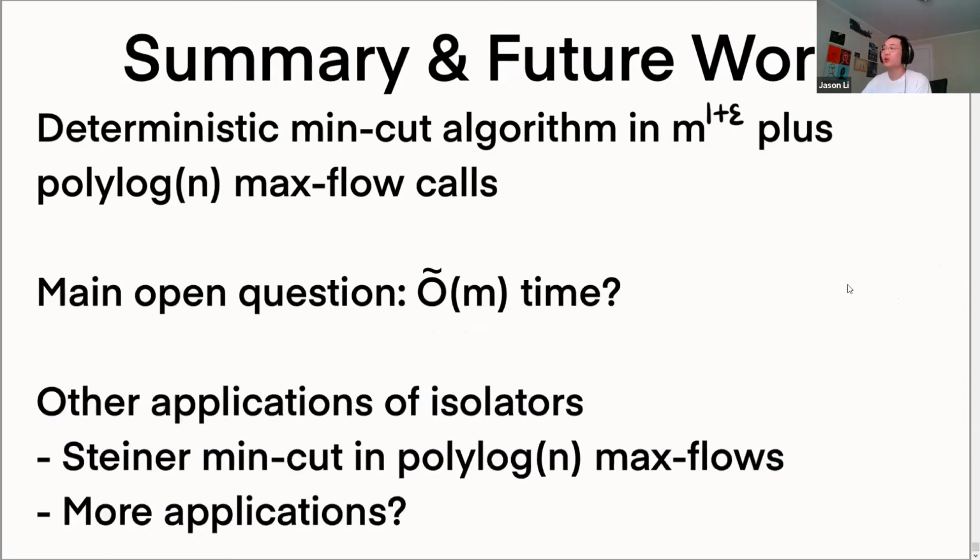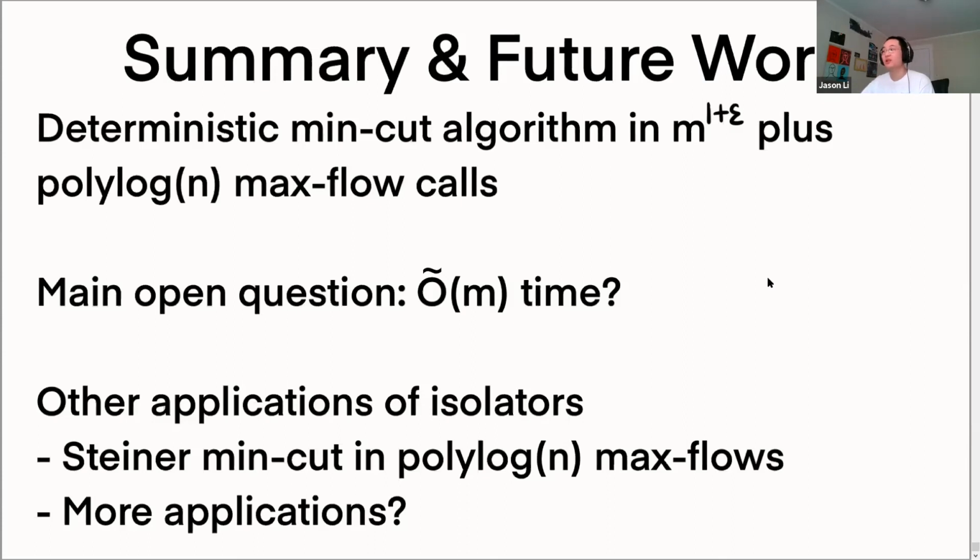And one nice thing about the concept of isolators is it has other applications. For example, consider the problem of Steiner min cut, which is: given a graph and a subset of vertices called the terminals, find the smallest cut in the graph that separates at least 2 terminals from each other. So this is just the min cut problem where the terminals are all the vertices, whereas here the terminal set can be much smaller.